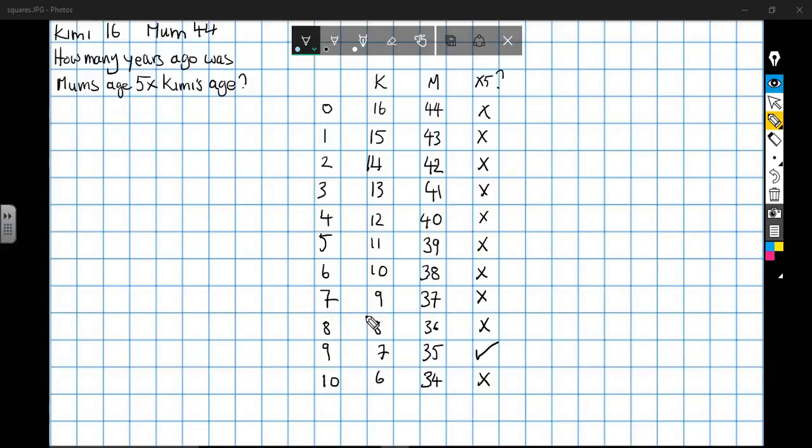So that's one way of doing it, just creating a simple table. But another way, which is just as valid, is simply to make a guess, and you could turn the guesses into a table as well, if you like.